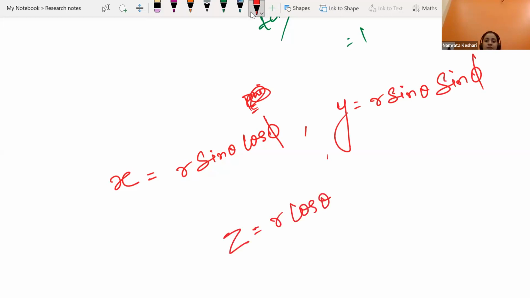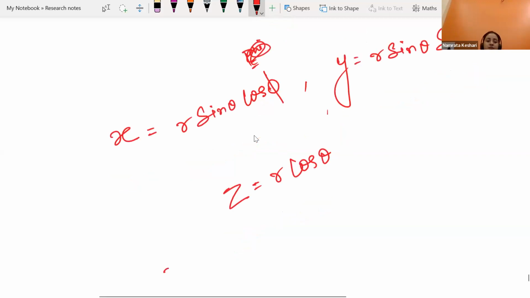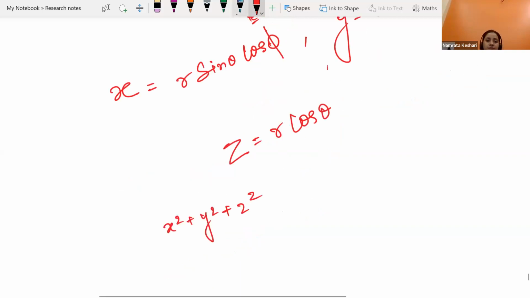Then x square plus y square plus z square is independent of... let's check it. Ma'am, the options are theta comma phi, r comma theta, r comma phi, and only r.